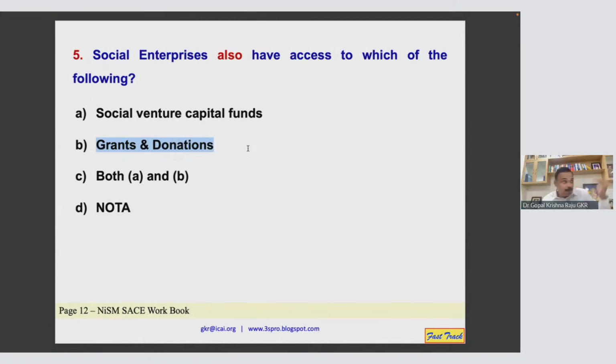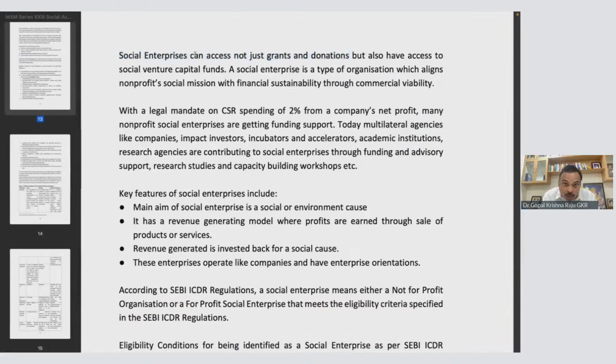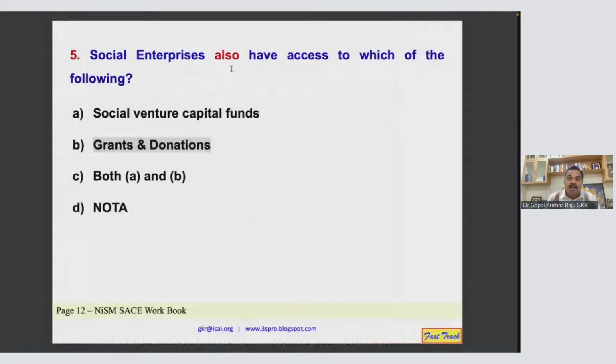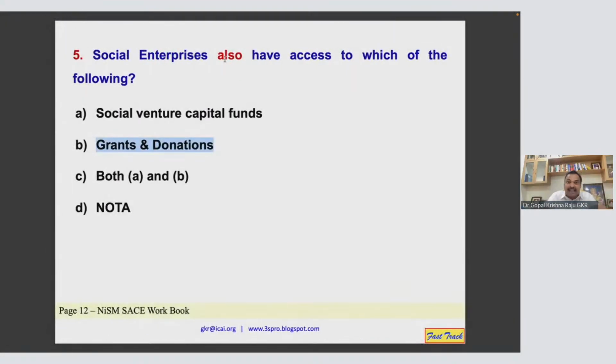Shiva and Parvati, now you have a combo of both, Shiva Shakti. Shiva Shakti is the social enterprise. It can have access to grants and donations, but also has access to social venture capital funds from the capital market. So that means it is A.